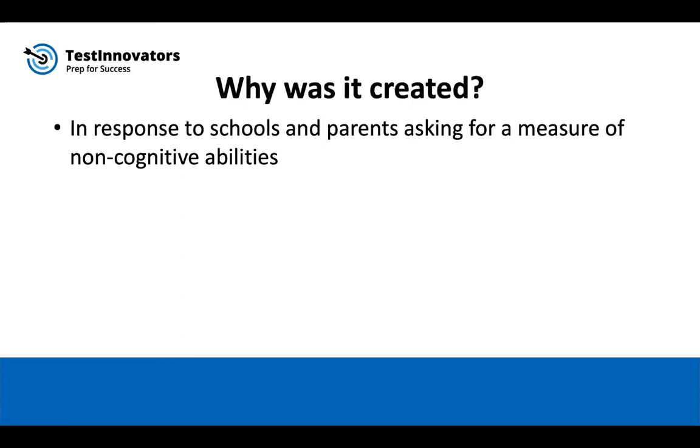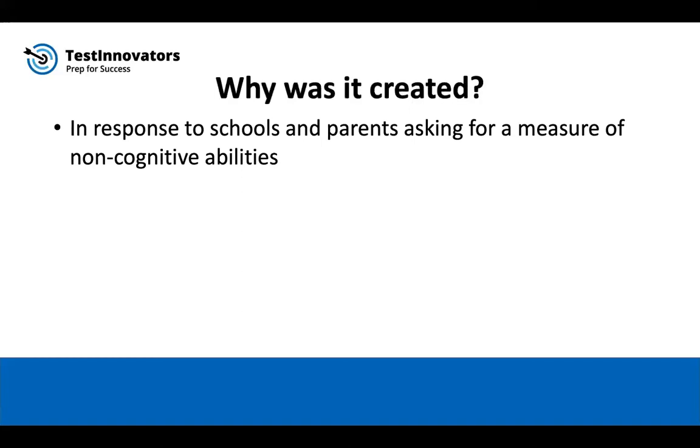Oftentimes you would have parents in some interviews or conversations saying, but let me tell you these other wonderful things about my child that have to do with their character skills, these things that aren't currently part of the application in a formal way. And thus, the snapshot was created to fill that void.